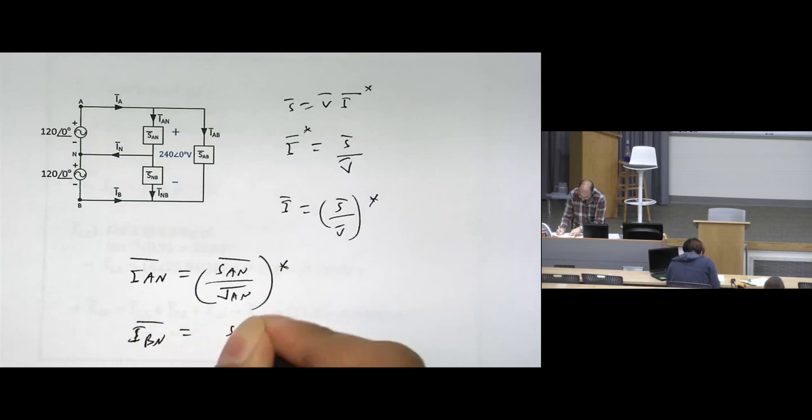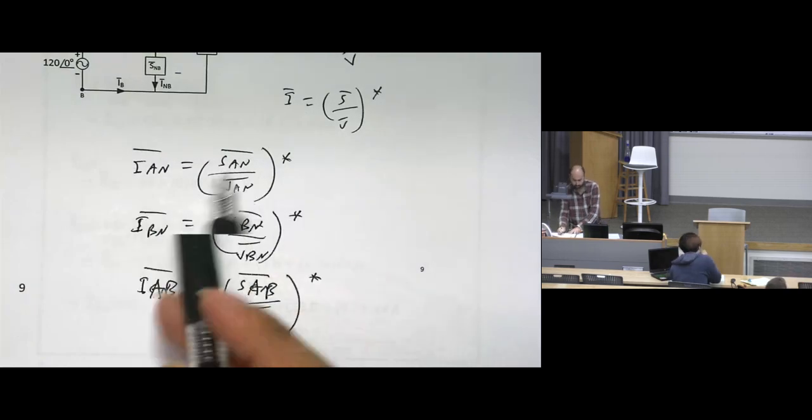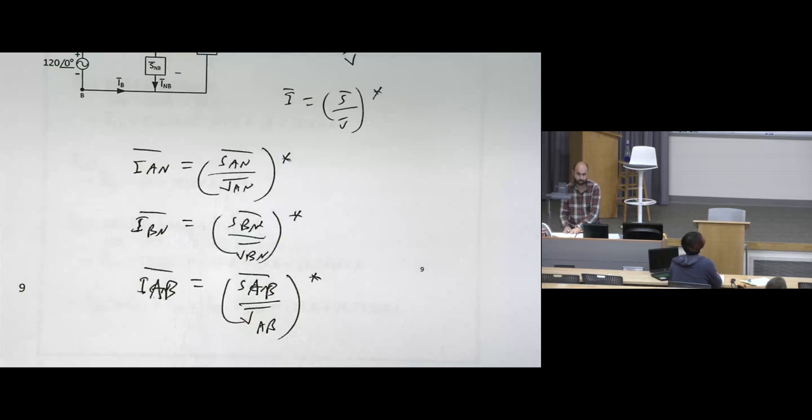IBN will be SBN divided by VBN, all conjugated. ICN will be SCN over VCN, and IAB will be SAB divided by VAB, all conjugated. I don't want to substitute these numbers, but I just want you to understand the procedure. This is how we find the currents.